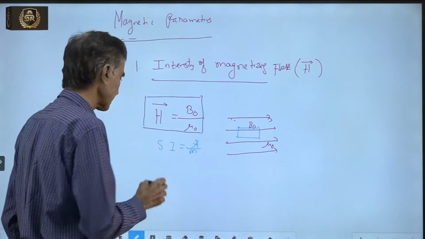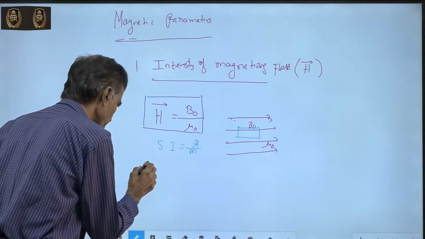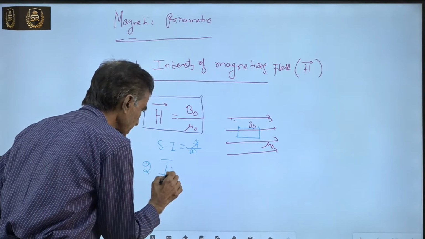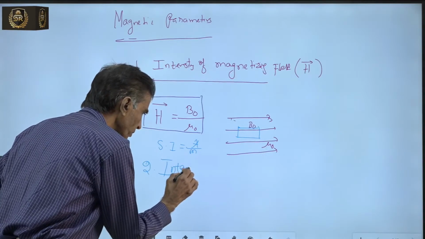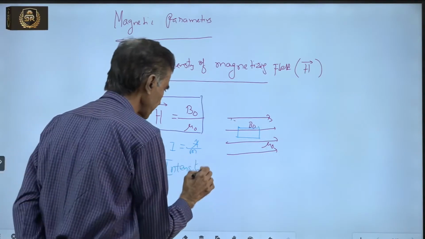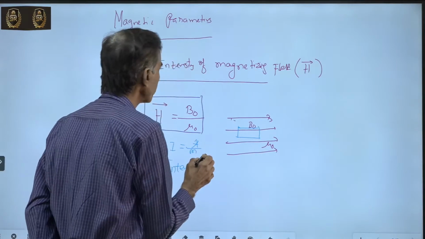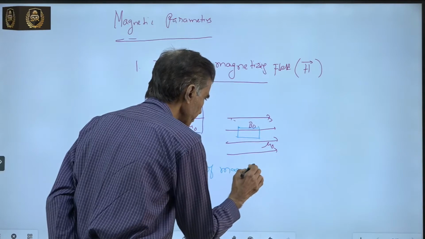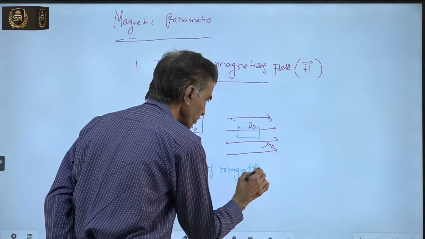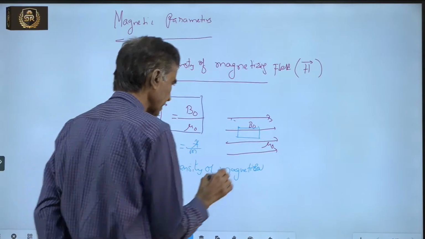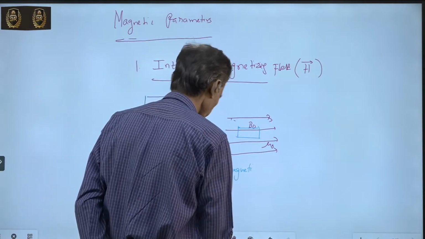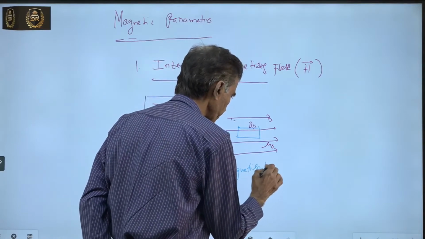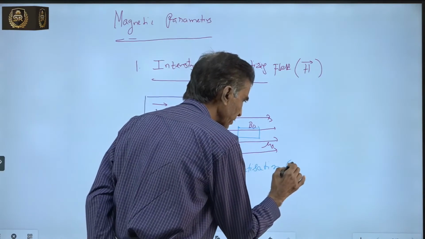Next, the second property we have is intensity of magnetization, denoted by I vector.